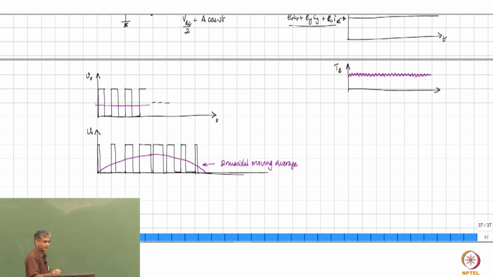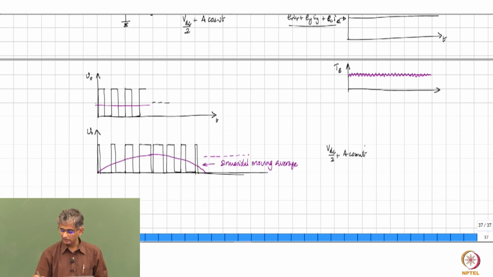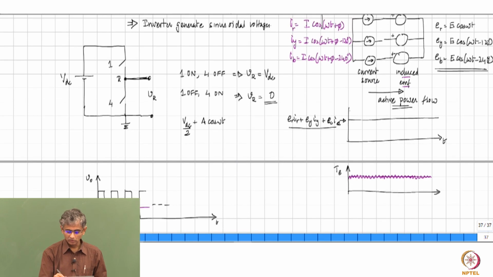So you will have the full cycle being defined like this, and therefore what you get is VDC by 2 plus some A cos omega t generated at this node R.